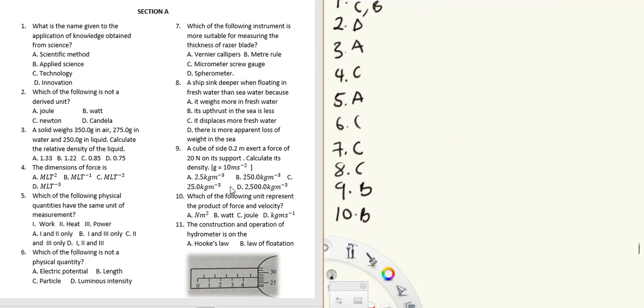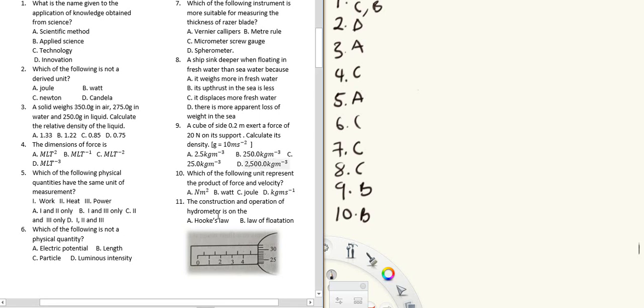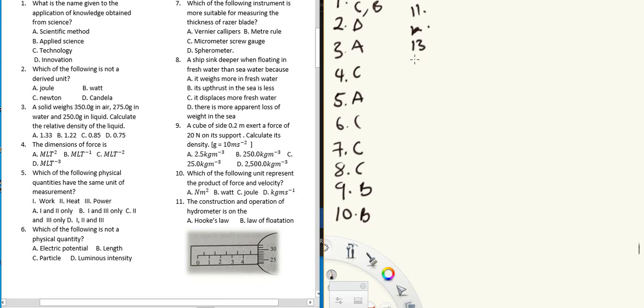Okay, so let's go to question 11. Which of the following relates to the construction and operation of a hydrometer? So hydrometer is an instrument that is used to measure the density of a liquid.